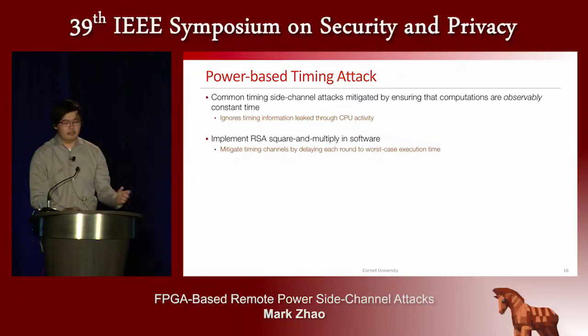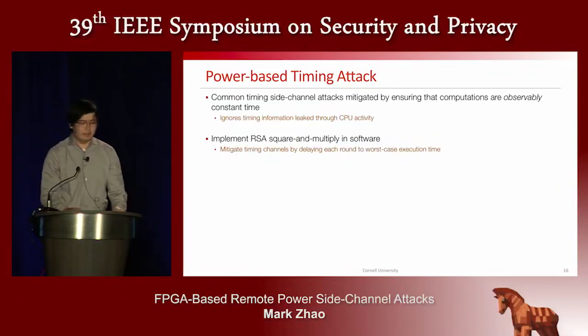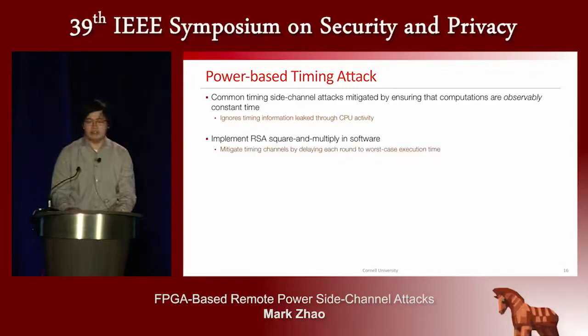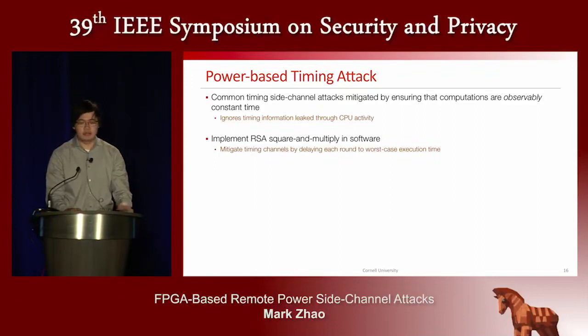However, these countermeasures frequently do not consider information leaked through CPU activity itself. So we can see this more concretely by implementing RSA, the same RSA square multiply algorithm, but in software. In our case, we mitigate timing channels by delaying each iteration of the square multiply loop to the worst case where the conditional statement is true.